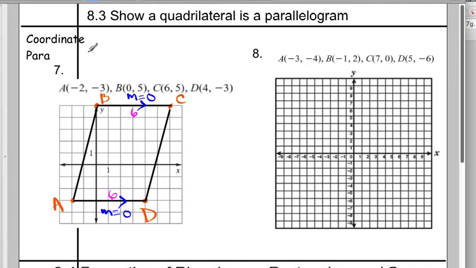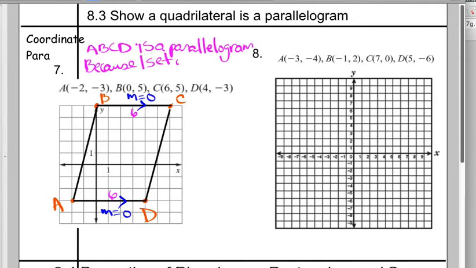So this is a parallelogram because, so I'm going to say ABCD, naming it, is a parallelogram because it has 1 set of opposite sides congruent and parallel.